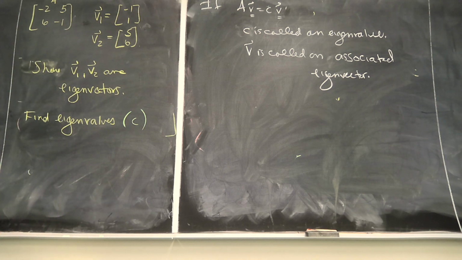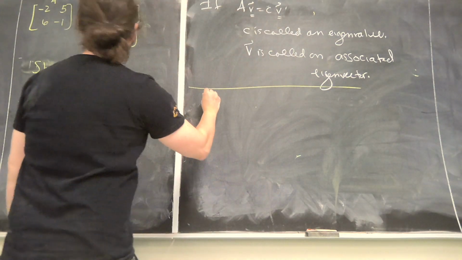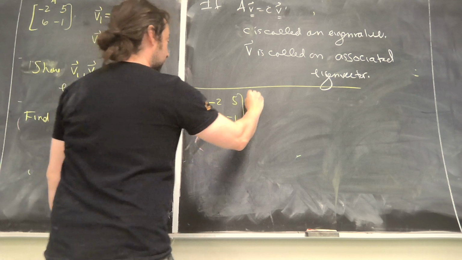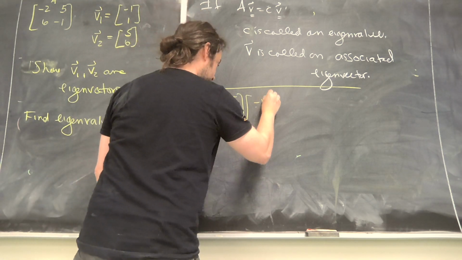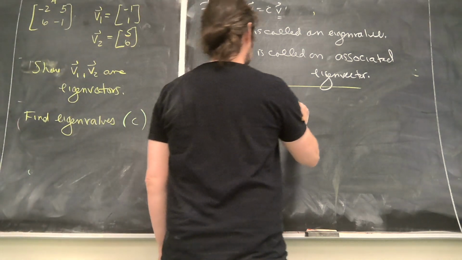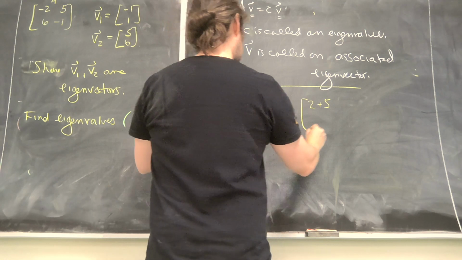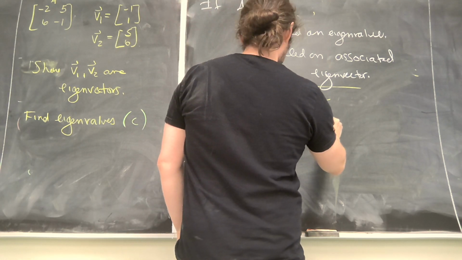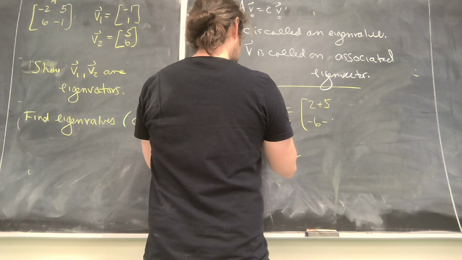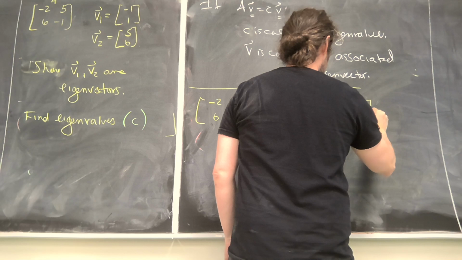So what I want to demonstrate is that these exist. If you take the matrix [-2, 5; 6, -1] and multiply it by [-1, 1], then what you get out is 2 plus 5, and -6 plus -1, which is the vector [7, -7].